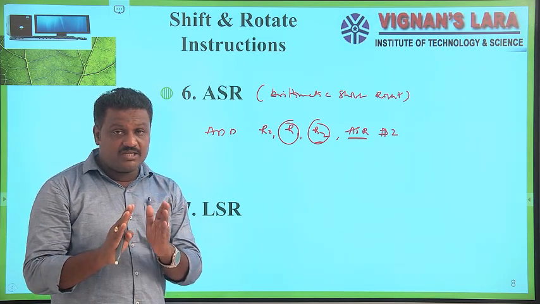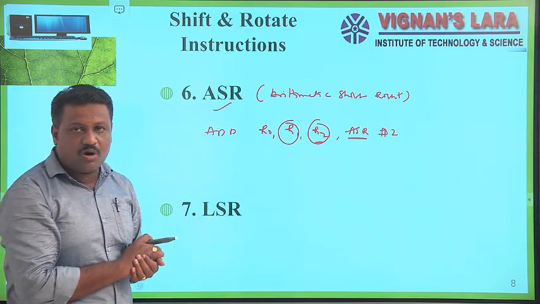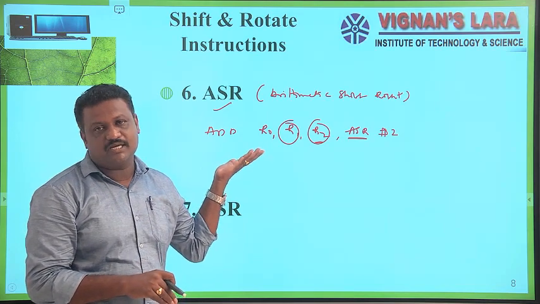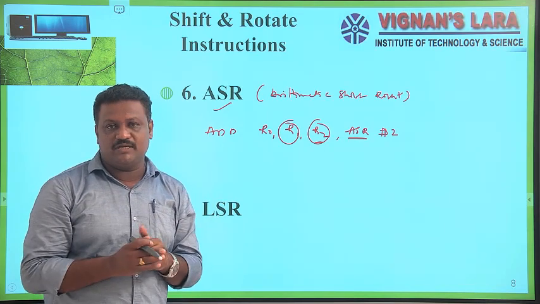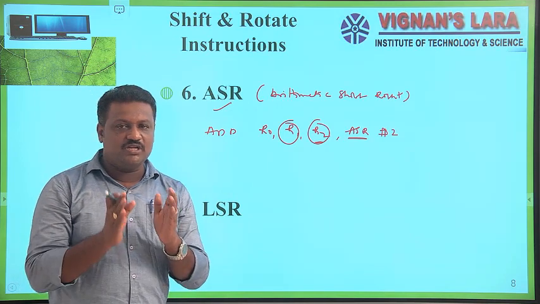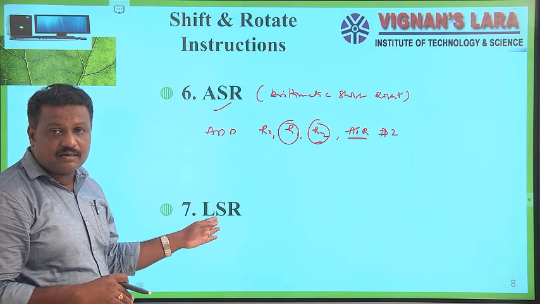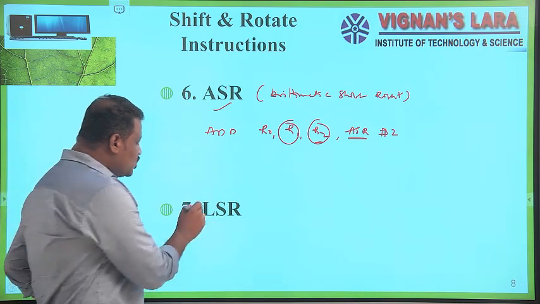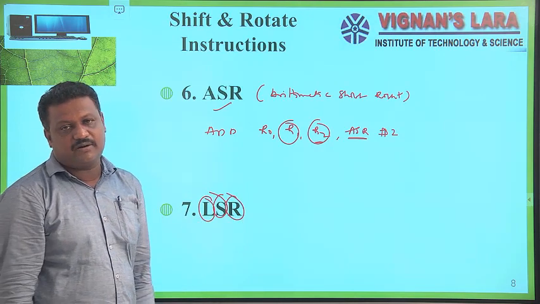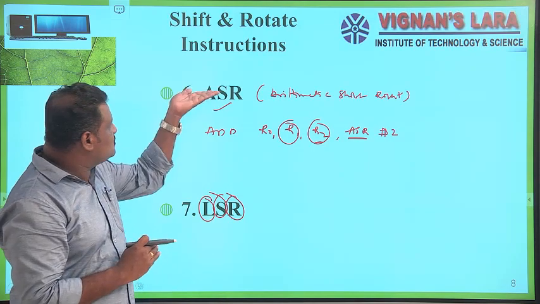Once again, I'll tell you guys, remember, you may use this as a separate instruction, or it may be incorporated in some arithmetic or logical instruction. There are two possibilities for the usage of these shift and rotate instructions in ARM. Similarly, the next one is LSR. That means L represents logical, S represents shift, and R represents right: logical shift right. This case is also similar to ASR.